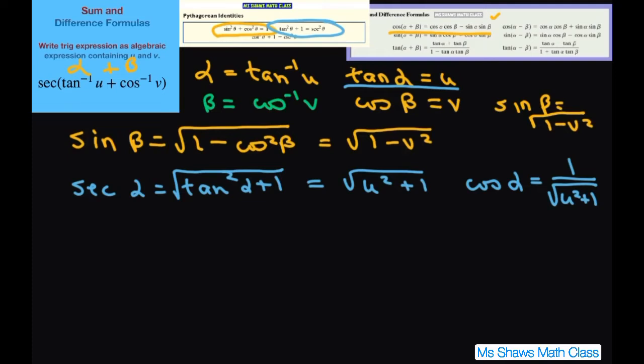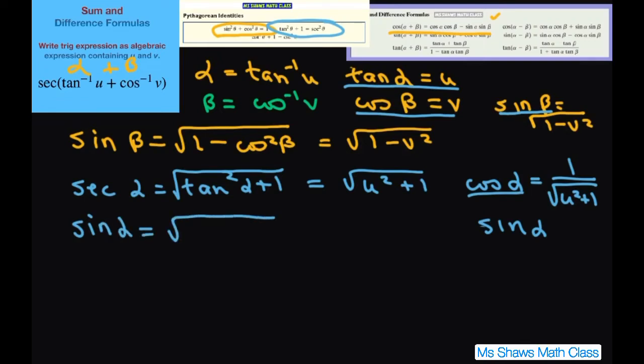So we have almost everything. We have our cosine of beta, we have our sine of beta, cosine of alpha, and now we need sine of alpha. So sine of alpha equals square root of 1 minus cosine squared of alpha.